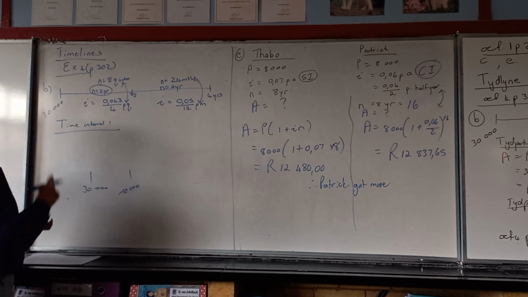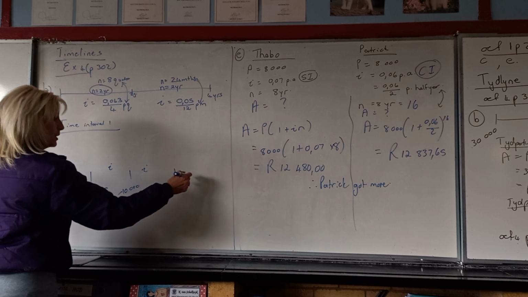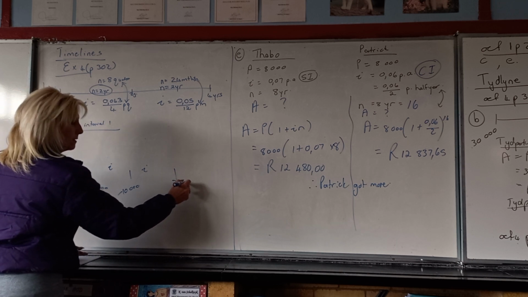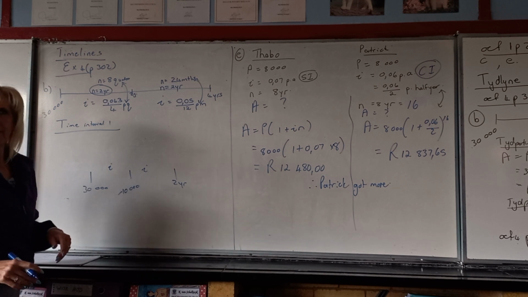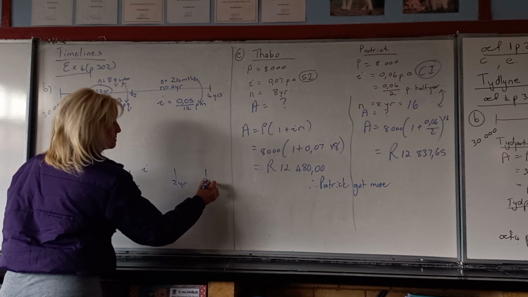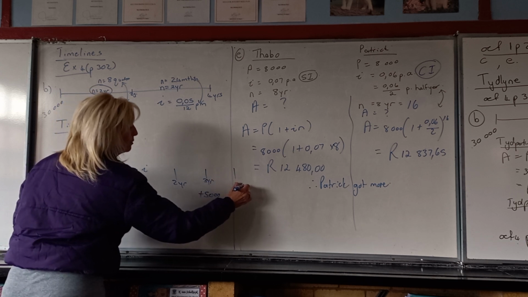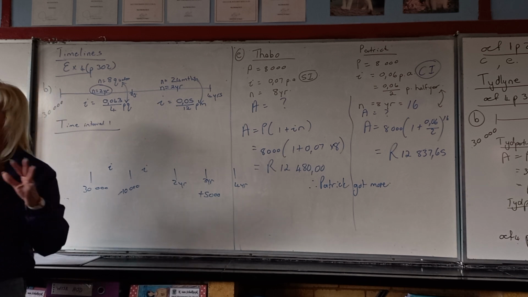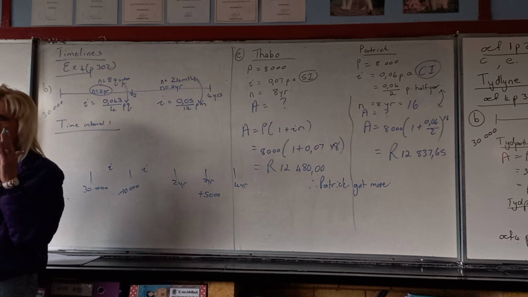But the interest rate stayed the same, so that didn't change. But then the interest rates changed after 2 years. And then after 3 years, I decided I've got some extra money and I'll put it back in again. So let's, after 3 years, add some money, 5,000. And now what's the end amount after 4 years? You're getting my drift here. Every time that something changes, you've got to make a new time interval.